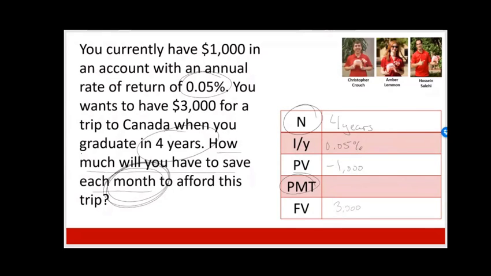Make sure to adjust N, I, and payment. We're solving for payment, so it's already going to be adjusted, but we do need to adjust our N and our I.